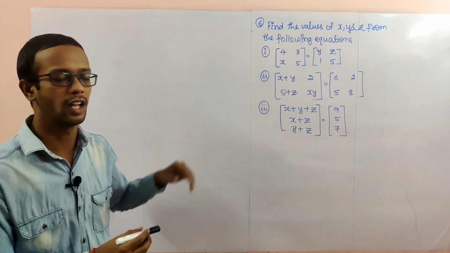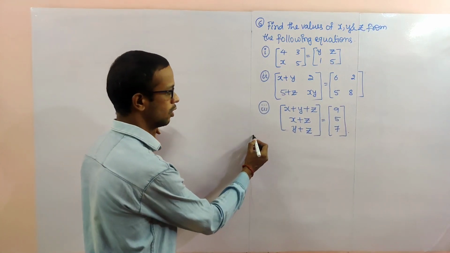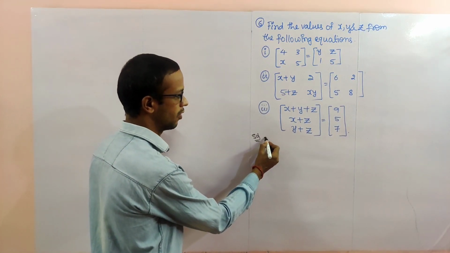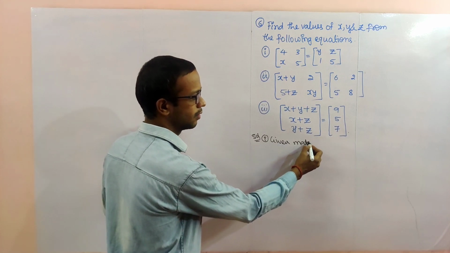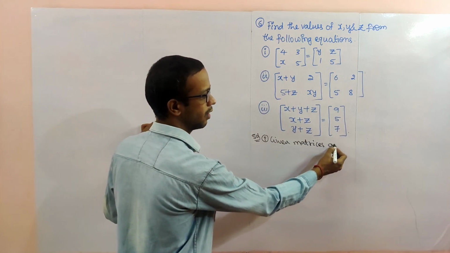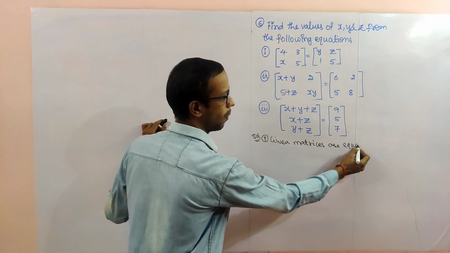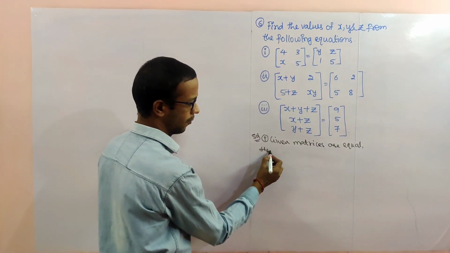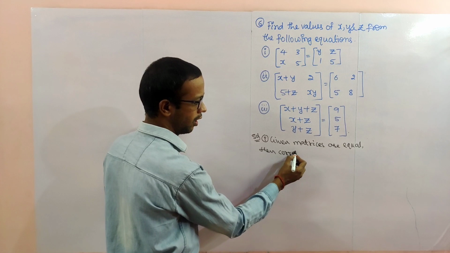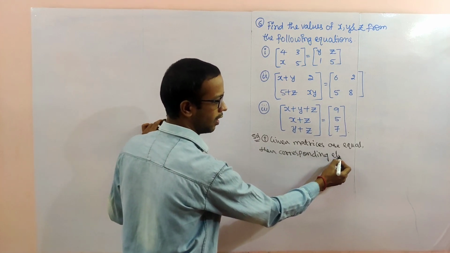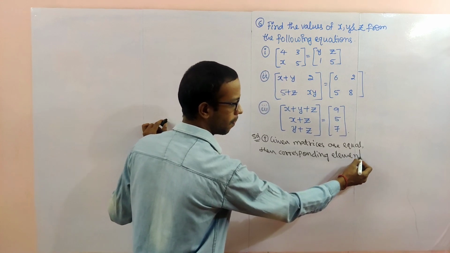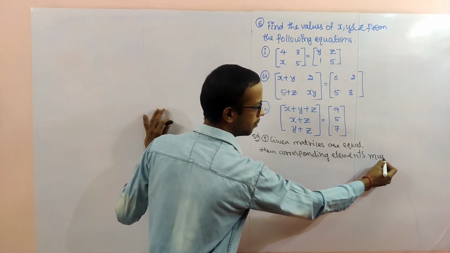So now you can see how to write that one. Solution, problem number 1: given matrices are equal, then corresponding elements must be equal.